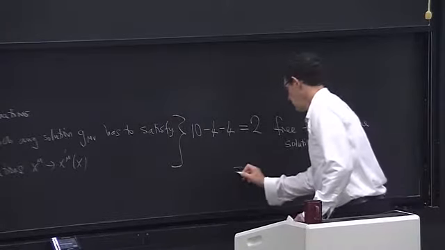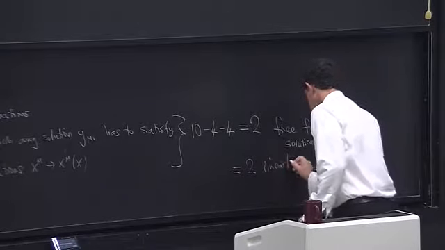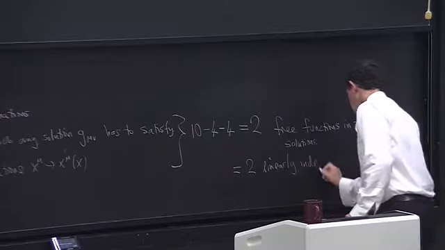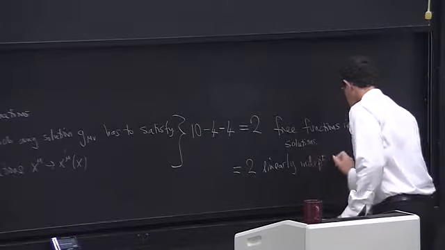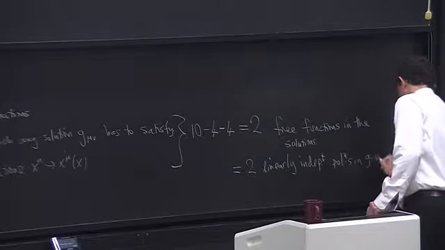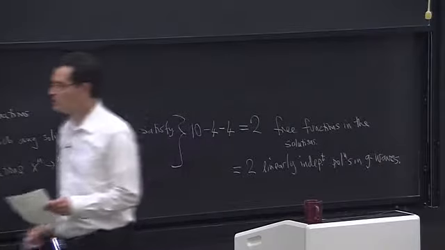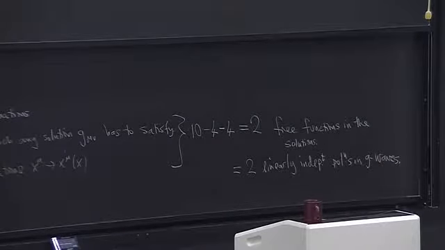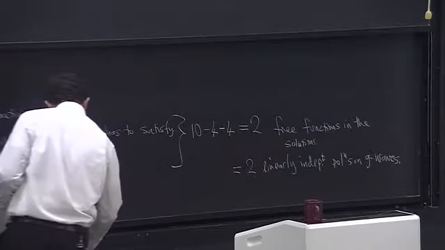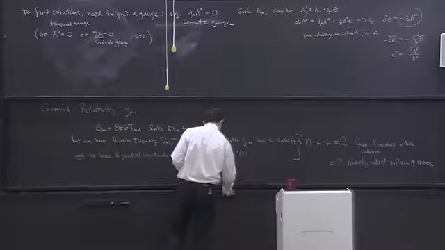And these are the 2 linearly independent polarizations in gravitational waves. Okay, so we're going to see this in detail when we actually solve the equations. It sounds a little abstract at the moment.